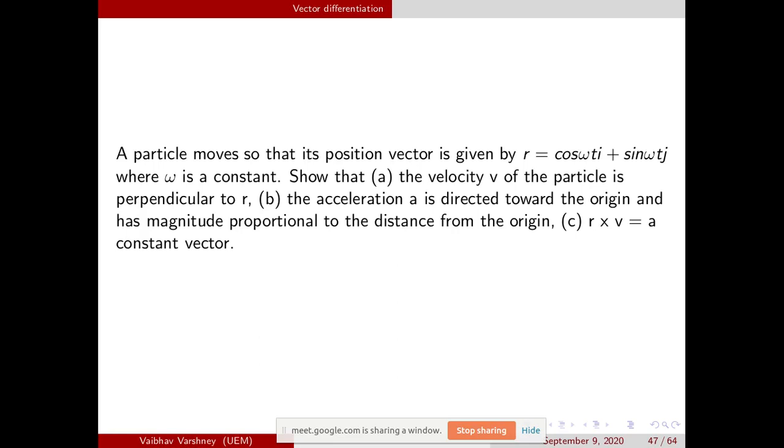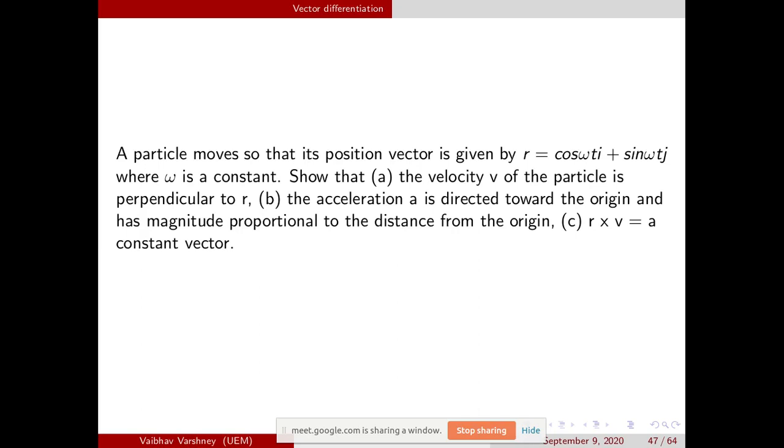Minus omega sin omega t i, plus omega cos omega t j cap. Yes, this is right. If you have not done it, just write it. v is equal to minus omega sin omega t i cap plus omega cos omega t j cap. So we got the expression of v now.